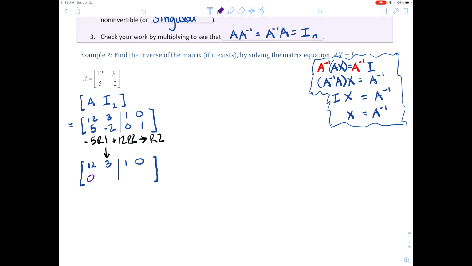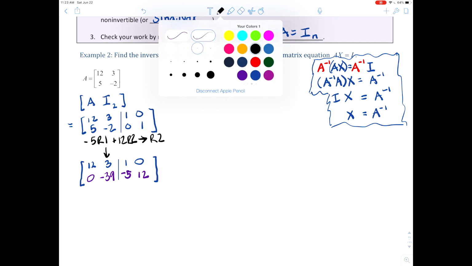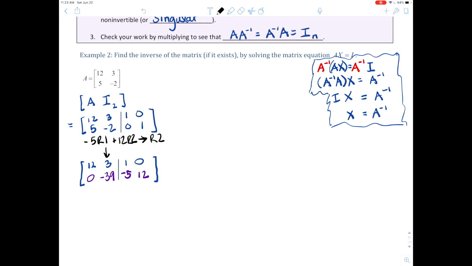Negative 15 minus 24 is going to be negative 39. Good. Don't forget to do the last 2. You got to go all the way across. So what will we have? Negative 5 plus 0 is negative 5. And then 0 plus 12 is 12. Good so far? Awesome.